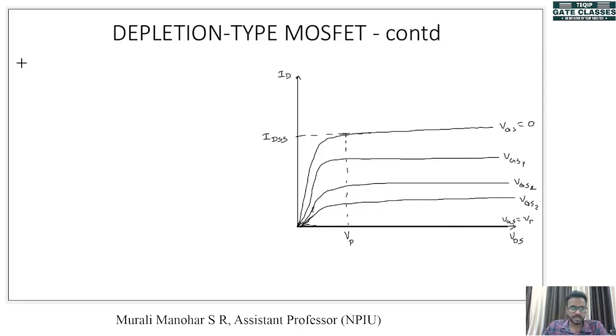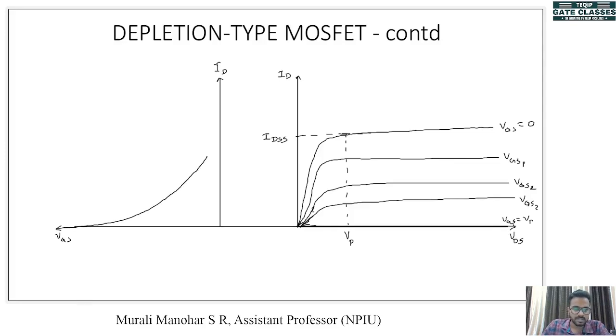We can also draw the transfer characteristics here, and that will look like this. Actually, transfer characteristics can be obtained from the output characteristics. So this is VGS, this is ID, and the transfer characteristics will look like this. Right, this is IDSS, and this is VP.